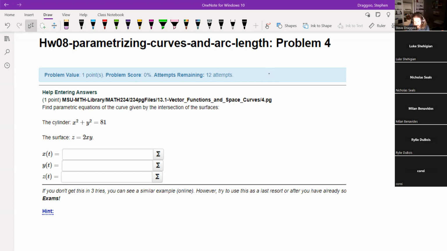So let's parameterize this thing. And I'm going to go over a couple of different thoughts on parameterizing stuff. The first thing I see here is that I have an x squared plus a y squared. So I've got two square terms added together, and it's equal to a constant number. Specifically, it's equal to 81.